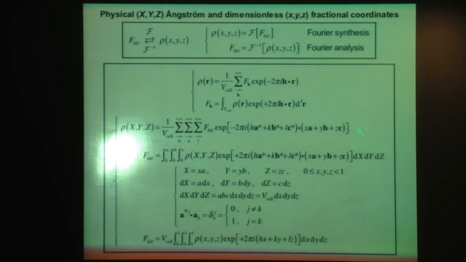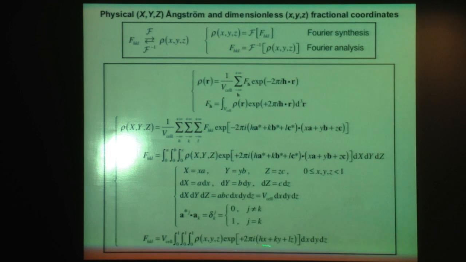So this expression for the integration over the whole set of structure factors, hkl from negative infinity to positive infinity, comes down to an integral. So this discrete summation, where we got the integer indices, comes down to a continuous integration over a function x, y, z.